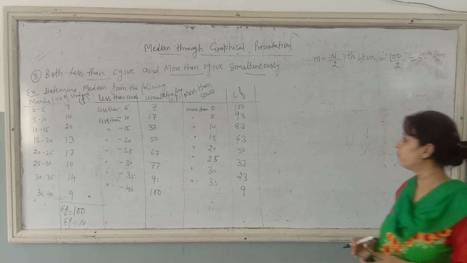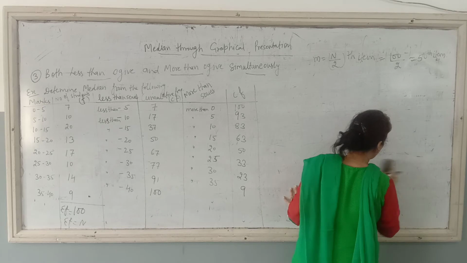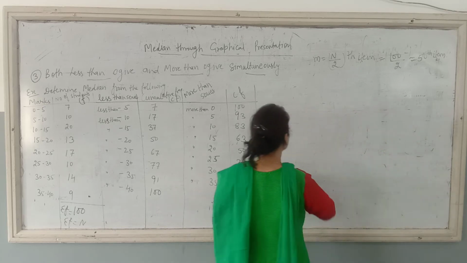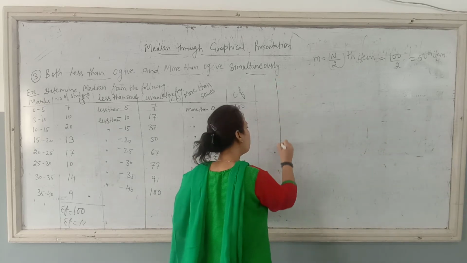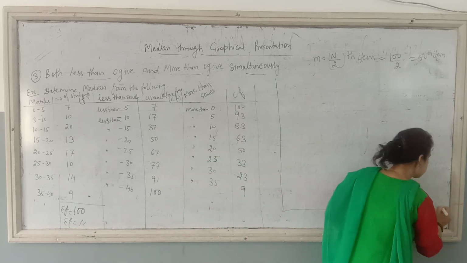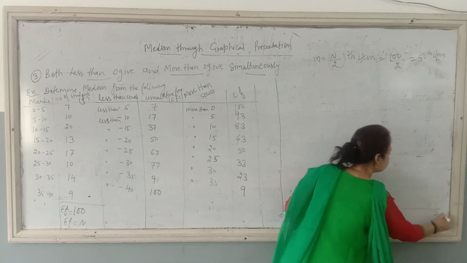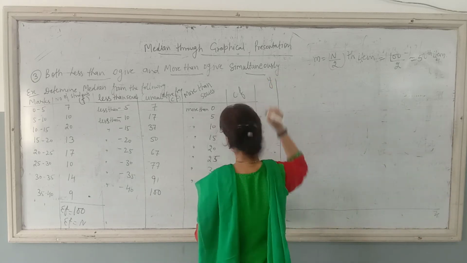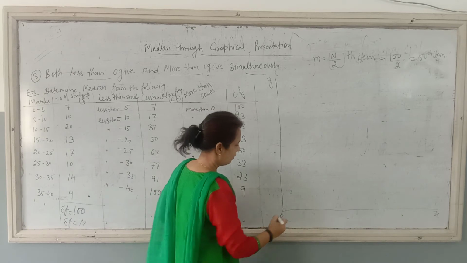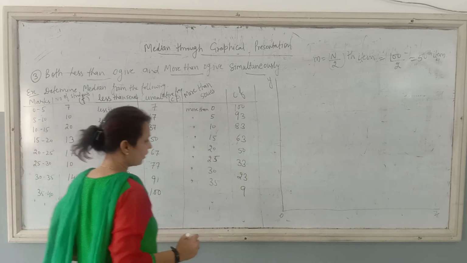Clear? Now we have to draw the ogive on graph. I will suggest you try to draw your diagram on graph to get the exact answer. First of all, write 0, 5, 10.